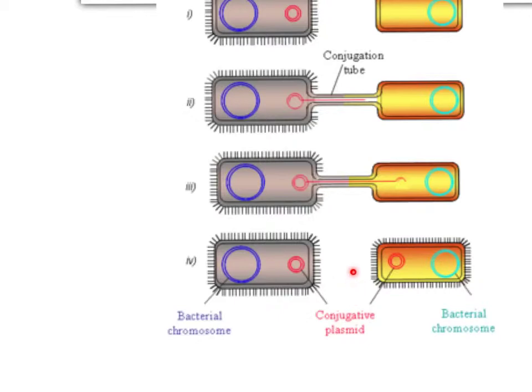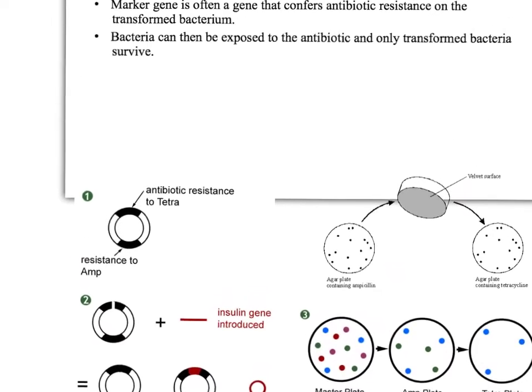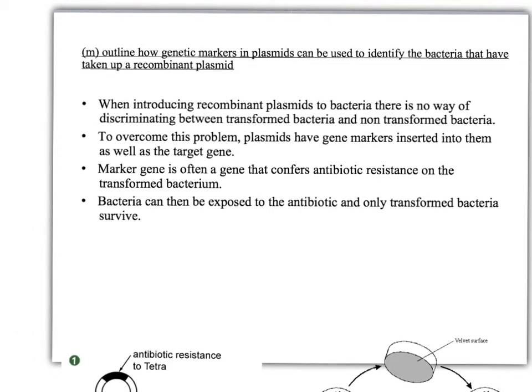Okay, so that explains why plasmids are so useful to bacteria, but they've also been a very, very useful tool for genetic engineers to get DNA from one cell into another. Moving on to the next slide, which is quite complicated, it looks at the idea of genetic markers, another tool that genetic engineers have to use.